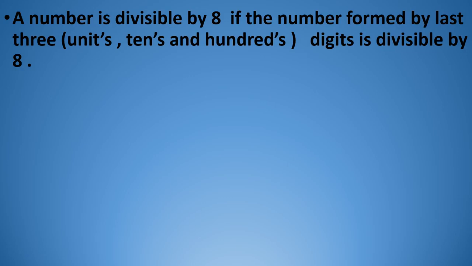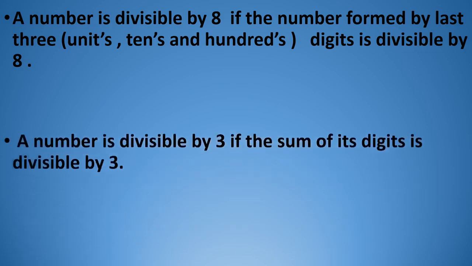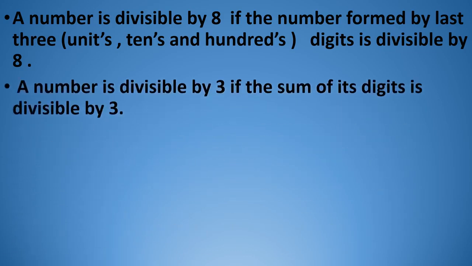In the divisibility of 4, we check the last two digits, but in the divisibility of 8, we check the last three digits: ones, tens and hundreds place digit. If the number formed by these three places is divisible by 8, then the number is also divisible by 8.